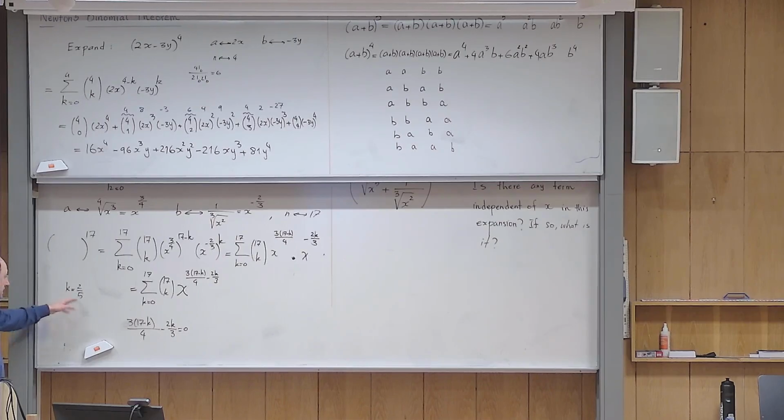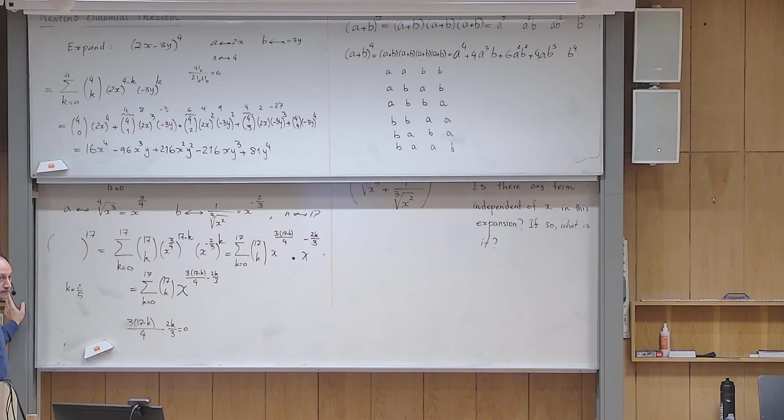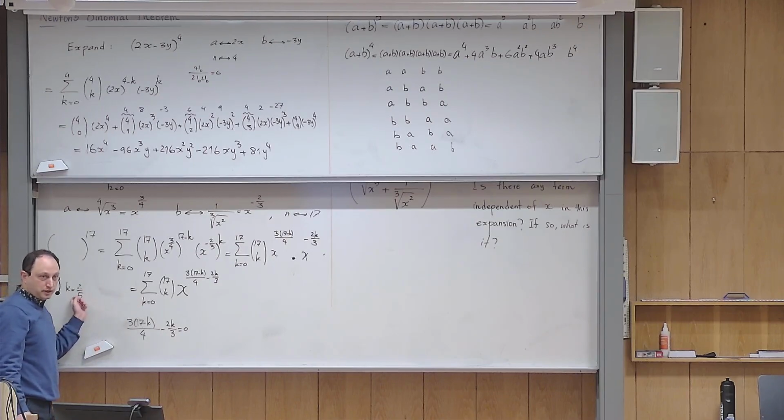No, if I get k is 2 over 5, there is no independent term, because k is the counter. The counter cannot be a fraction. The counter is either 0 or 1 up to 17, yes?